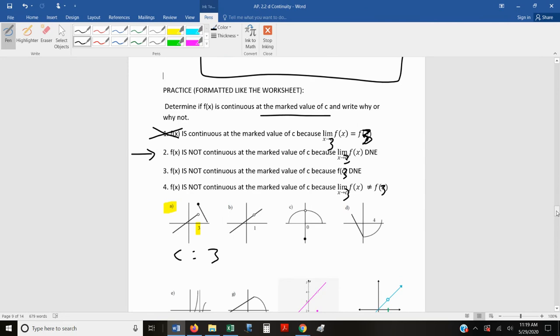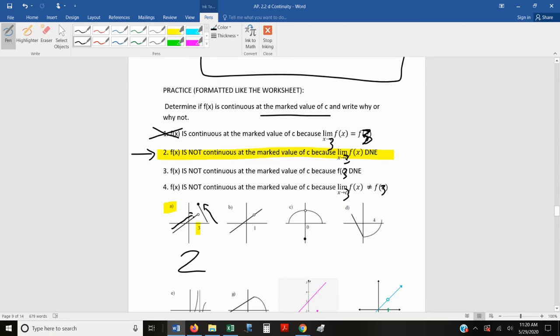Do we have a two-sided limit as x goes to 3? And we don't. So I'm going to write 2 as my answer because we don't have continuity because the two-sided limit at that value doesn't exist. The reason I know that is because when I go towards 3 from the left and from the right, I'm not approaching the same y value.